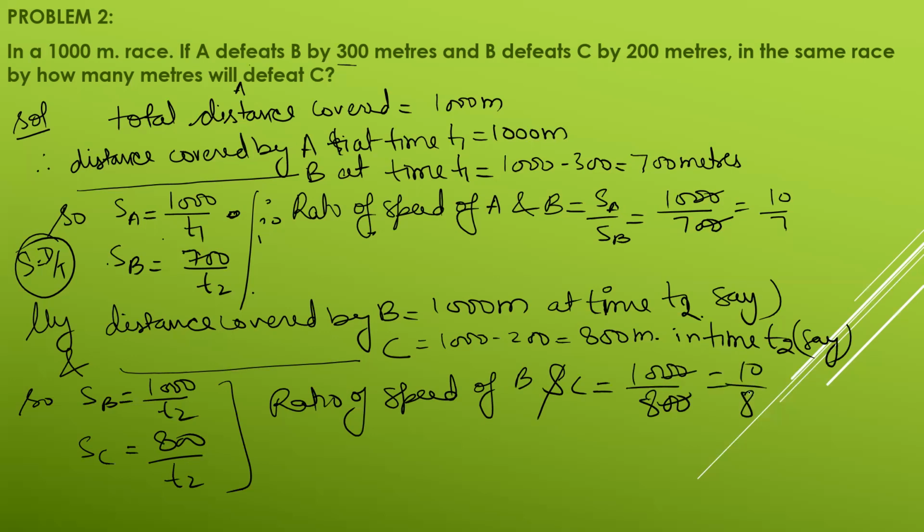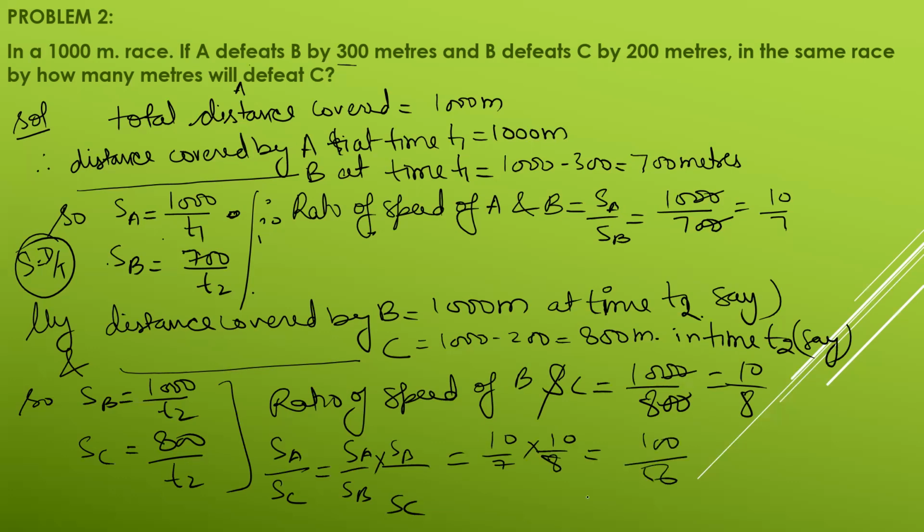Now we simply multiply to get the ratio of speed of A to speed of C. We'll get SA over SB into SB over SC, which will give us 10 over 7 into 10 over 8, which is equal to 100 over 56.